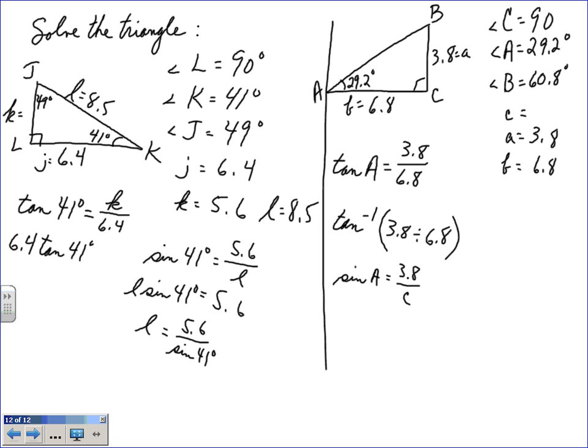Multiply both sides by C. C times the sine of, we just found that, 29.2, equals 3.8, and make that division. 3.8 divided by sine of 29.2.